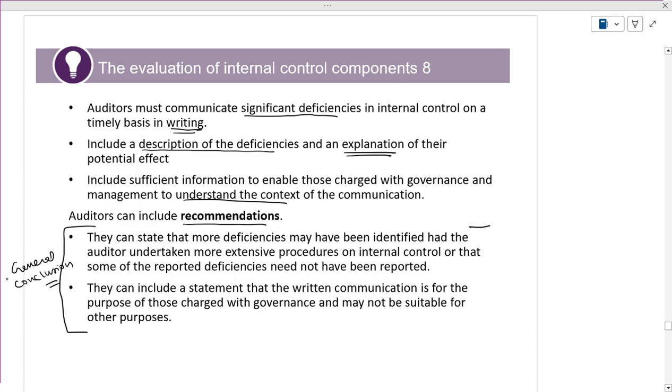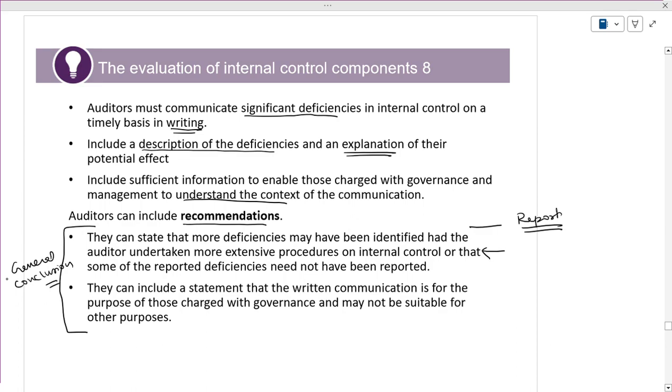If they ask a question in the form of a report, this is the one point we have to note down.